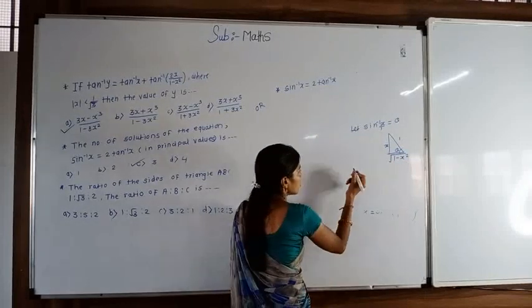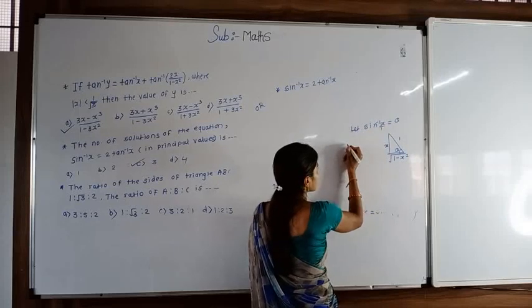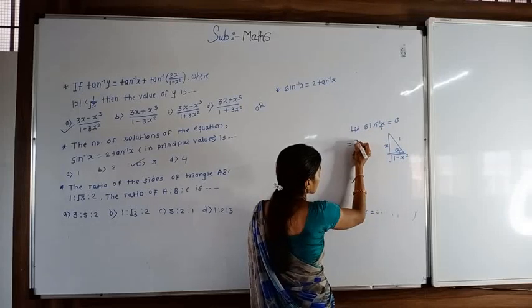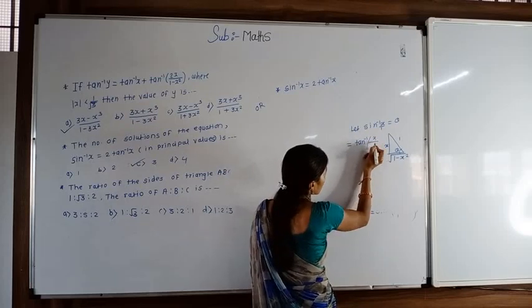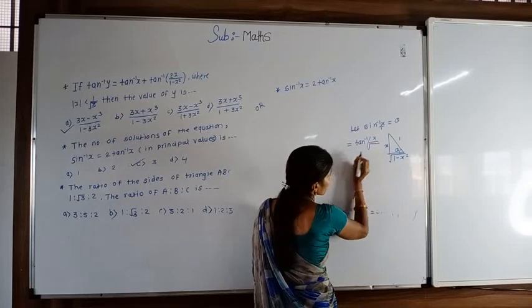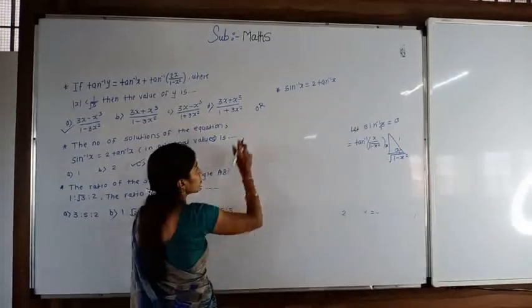Okay, so theta in terms of sine is sine inverse x, and this theta we can also write as tan inverse of opposite side x upon adjacent side root of (1 minus x square). Okay, so use this information.